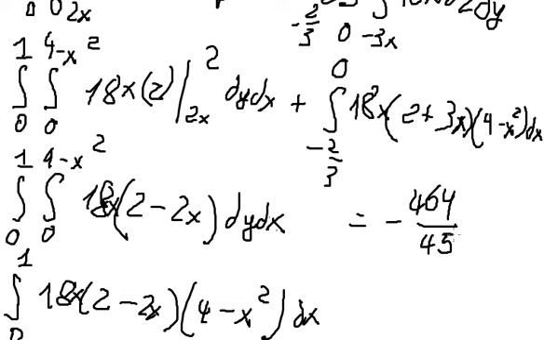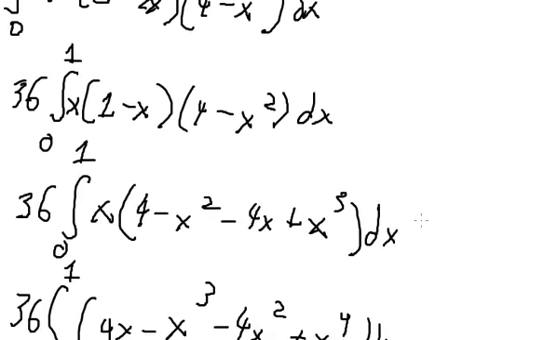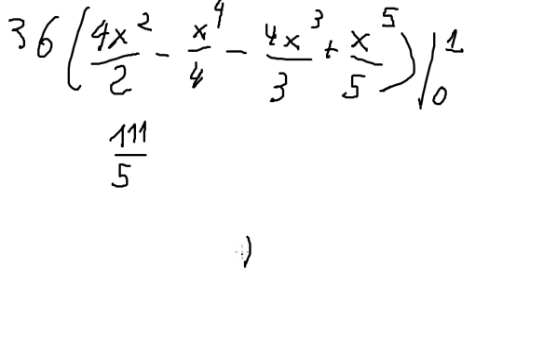So we sum the two triple integrals and we get about 107 over 9. This is the end.